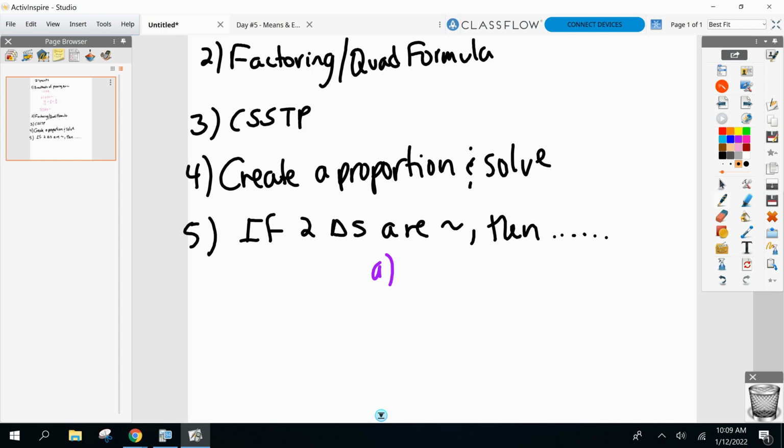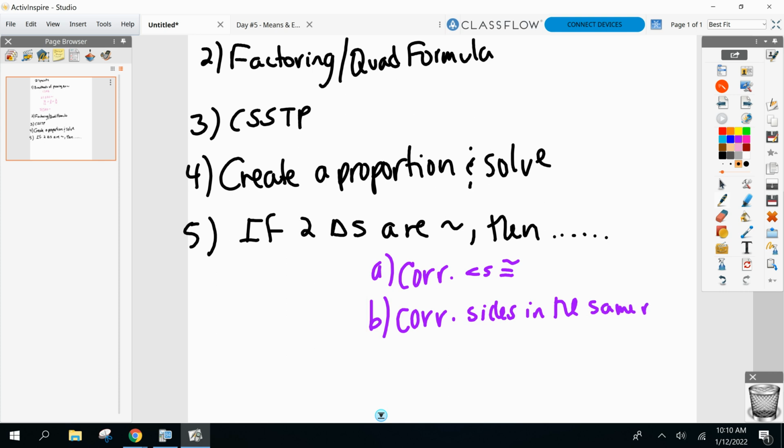Angles are congruent. Corresponding angles congruent. What else is true? Zach? All sides are in the same ratio. Corresponding sides in the same ratio. Yep.